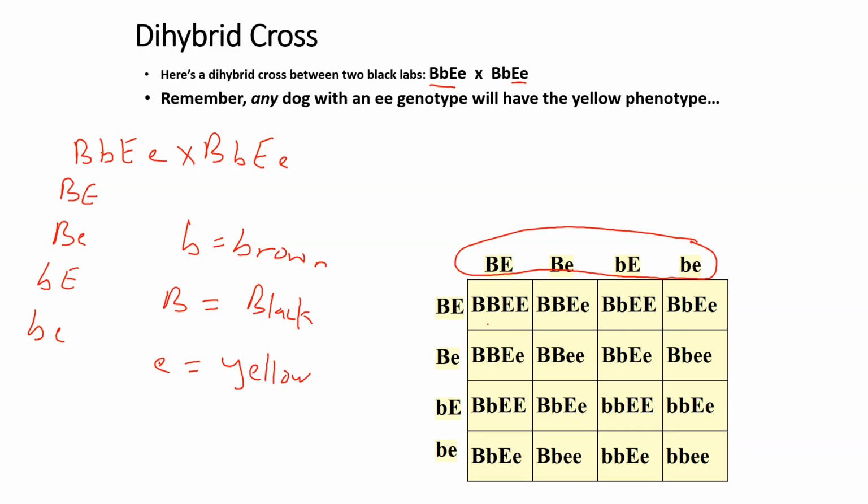So for example, we know that the first dog here would have to have a black coat because capital B, remember, equals black. The next dog here also has a black coat, and so does that one, and so does that one. Nice and easy, right? So does that. Now, this one will give us a yellow coat because once you have the recessives for E, you get yellow.